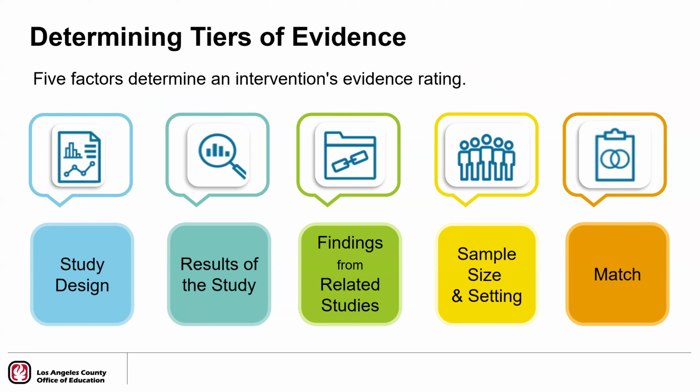The 5 factors that determine an intervention's evidence rating are included on the slide. These include study design, the results of a study, findings from related studies, sample size and setting, and lastly, its match, or how the students and the setting in the study match up with those in your district or school.